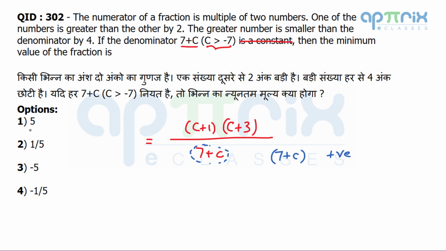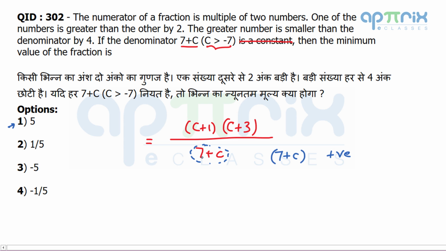Now if I look at the options very clearly, there are two positive options and two negative options. So therefore first I would like to identify if the minimum value will be positive or negative, because if we just identify the nature of the sign of the minimum value, we can easily reject two options. Our task will become much easier then, right?